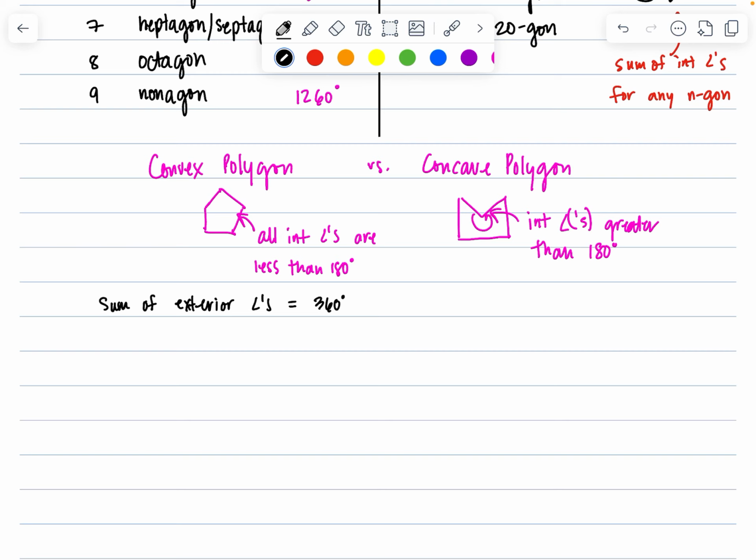Okay? So this is worth noting. We should also know what regular means. A regular polygon is a polygon whose angles, interior and exterior, I should say, are all congruent.